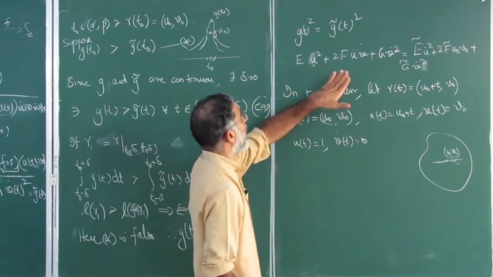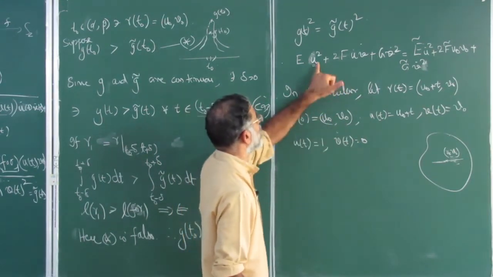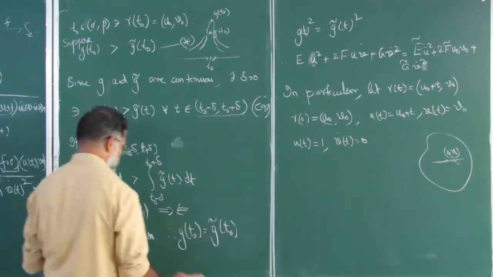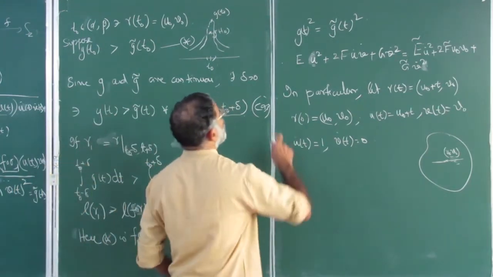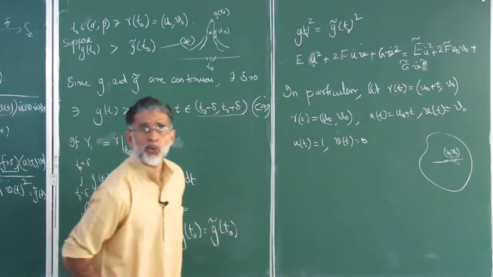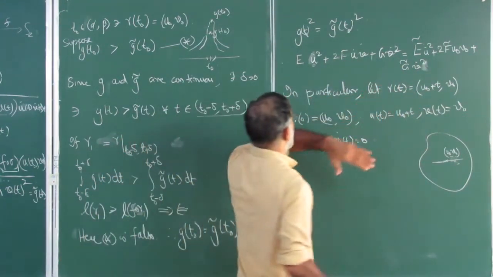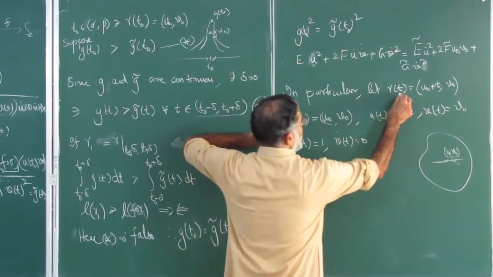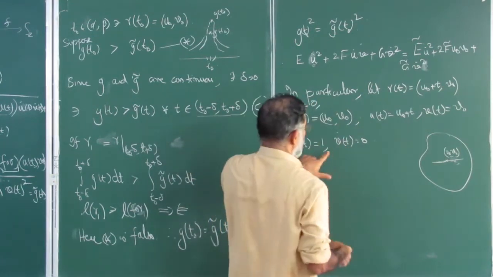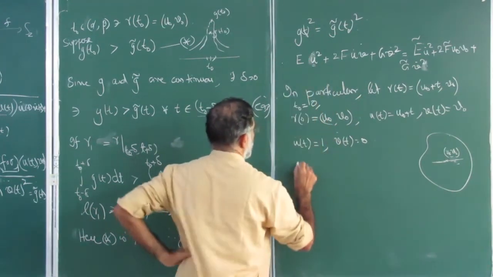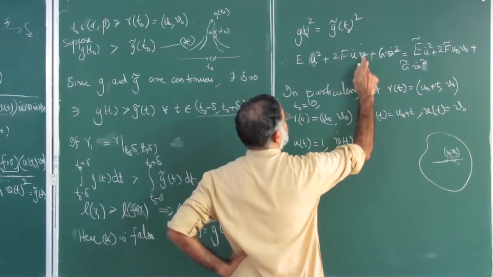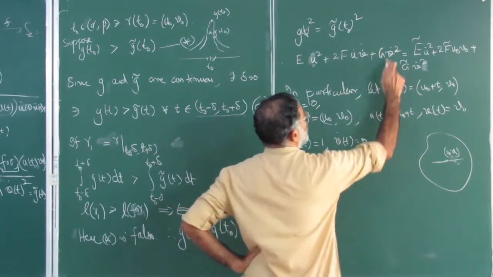Substitute here. So at t0, these two are equal, evaluated at (u(t0), v(t0)). In particular, our t0 is 0. So substitute here. What do you get? E u̇² is E times 1, plus 2F u̇ v̇, where v̇ is 0, and G v̇² is also 0.